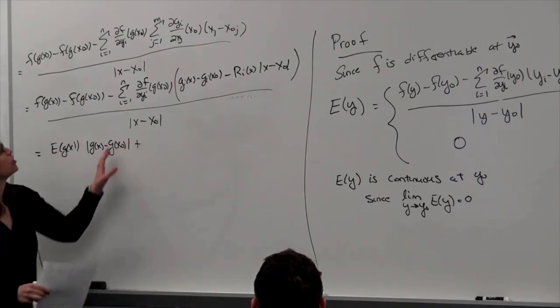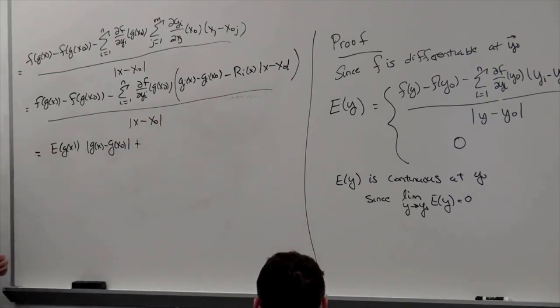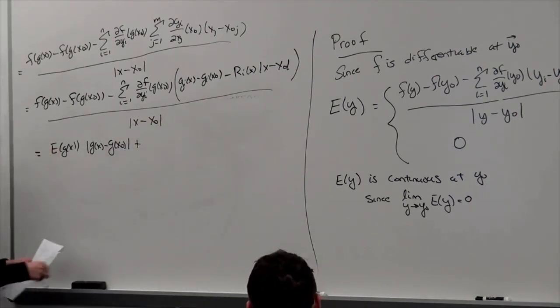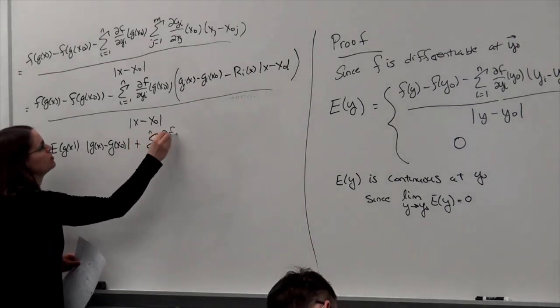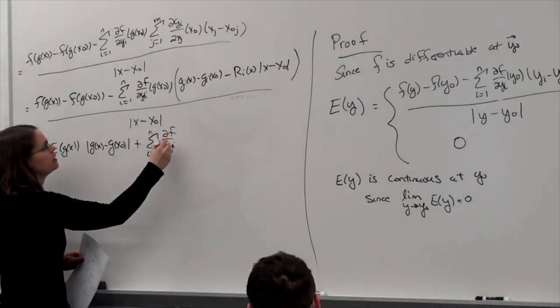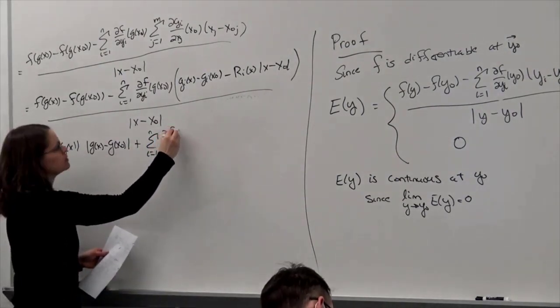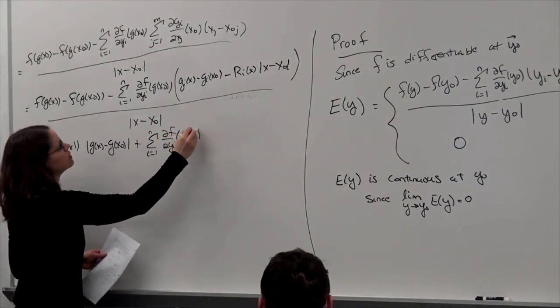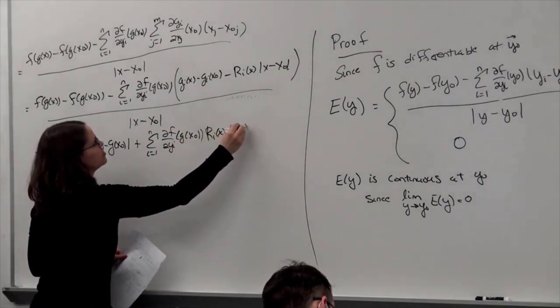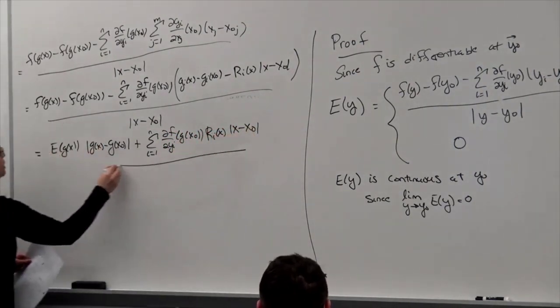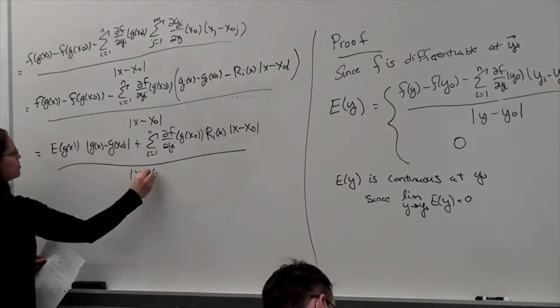What's left is this term that involves the ri. So we sum from 1 to n df by dyi, evaluated at g of x naught, times ri of x times the size of x minus x naught, all divided by the size of x minus x naught.